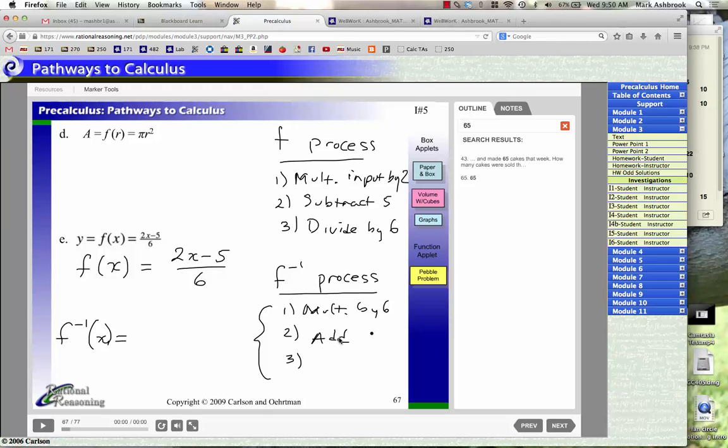Add 5. Divide by 2. This is cool, isn't it? You guys have done this before in algebra or something. This is kind of new. So now we're going to take the input and do what? 6x plus 5. See how cool that is?